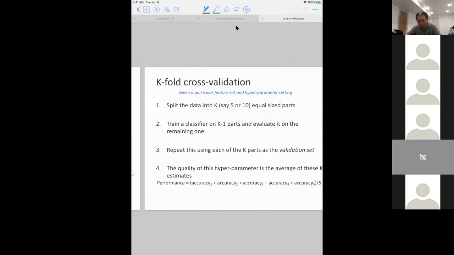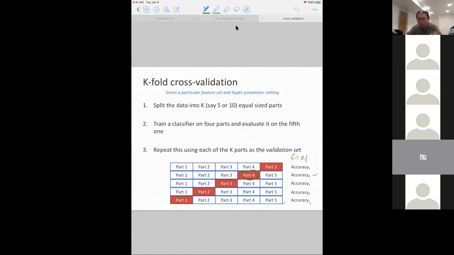So next, I'm gonna switch to another hyperparameter, say C equals 0.2, and then I do this 5-fold cross-validation again, and I get another average accuracy, right? So you can imagine if you specify a range of C values, and for each value of the hyperparameter you do this k-fold cross-validation, you end up with a measurement, right?